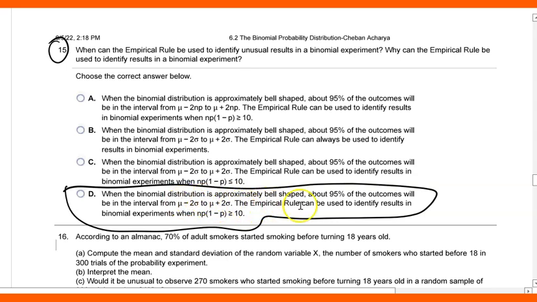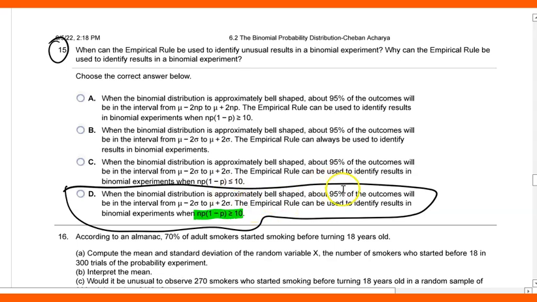The empirical rule can be used to identify results in a binomial experiment when the condition np times 1 minus p is greater than or equal to 10 is met. Again, the empirical rule tells you, if the distribution is bell-shaped, how much percentage of data lies within certain standard deviations. Here, about 95% of data lies within 2 standard deviations.